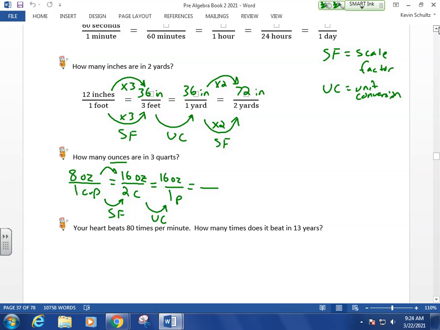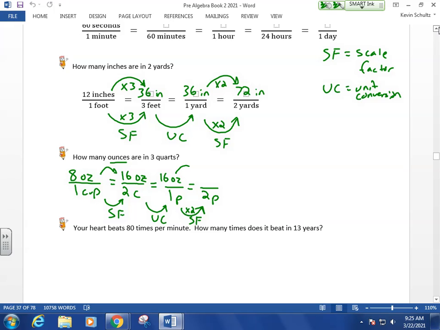Take a look at your chart up on top. What's the next unit above pint? Quarts. How many pints in a quart? 2. So we want to have a scale factor to get us to 2 pints.